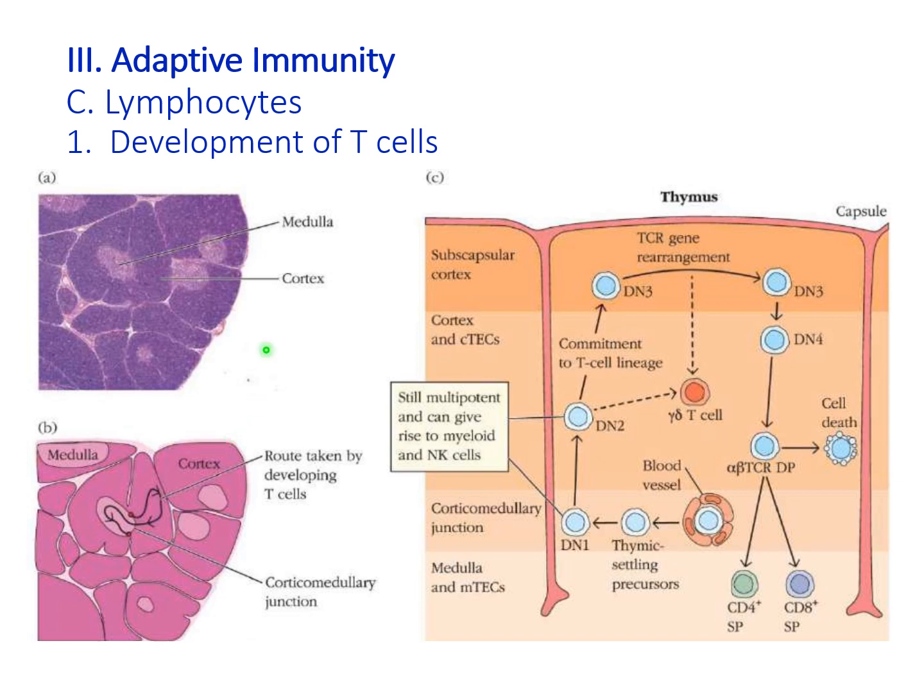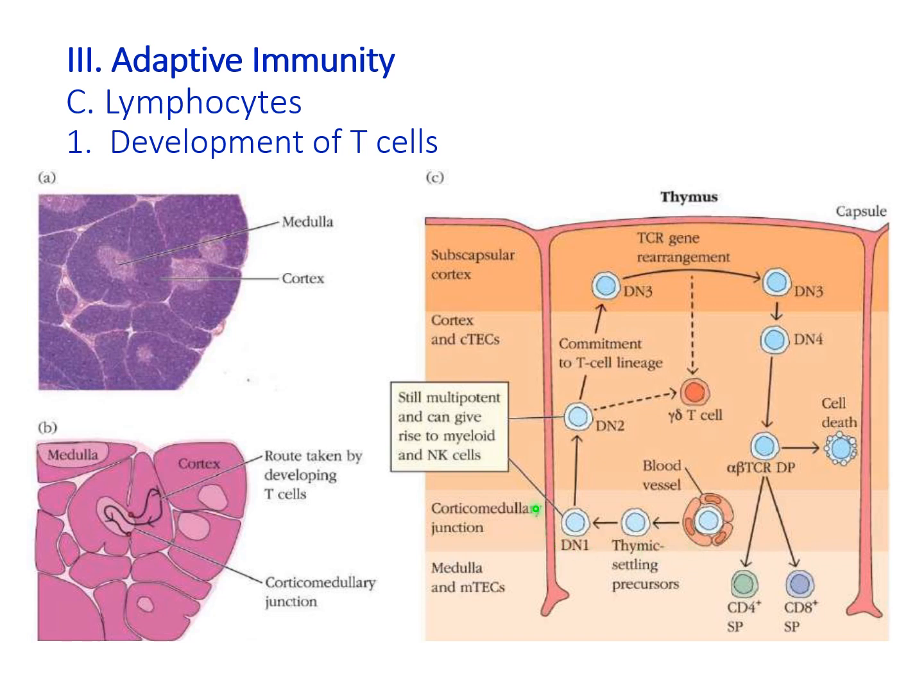Let's now look at the development of T cells. The thymus is an organ surrounded by a fibrous capsule that encloses multiple lobes, each of which is separated into two major regions, the outer cortex and the inner medulla. Each stage of development occurs in specific areas of the thymus, and the thymocytes enter the thymus via blood vessels in the corticomedullary junction.